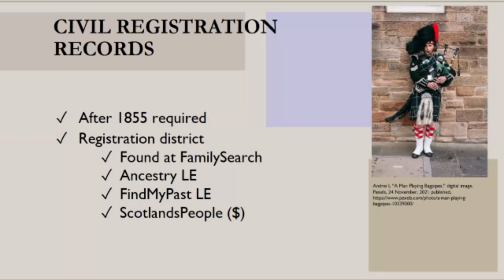You can get an individual subscription to Find My Past and Ancestry. But if your library has paid for a subscription to those two, you could go to your local library or here at Midwest Genealogy Center and do the research pretty much for free. But Scotland's People will require payment.